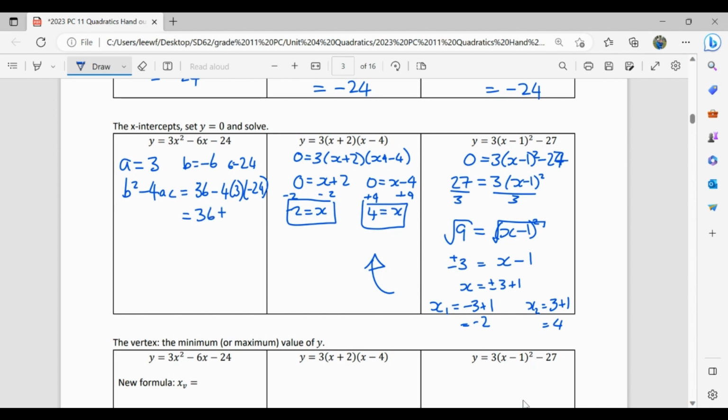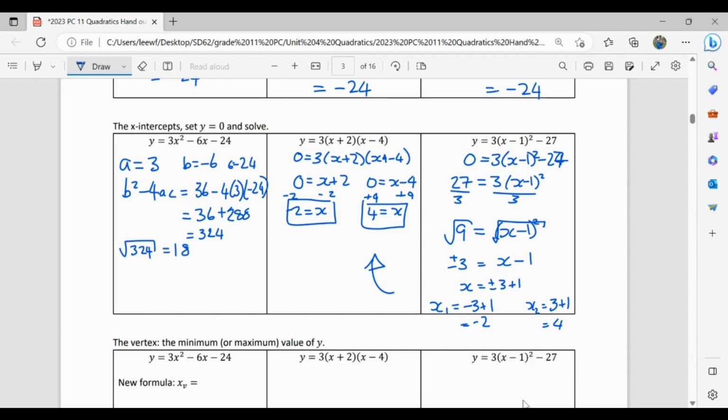And we get 36 plus 288, which then gives us, I'm going to have to get the calculator out, 324. And so when we take the square root of 324, it's 18.